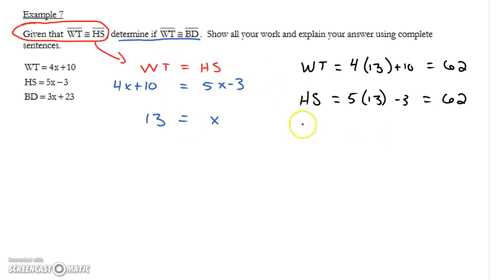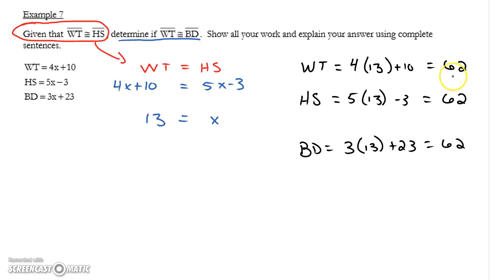The big test is to find segment BD. 3 times 13 plus 23. Well, 3 times 13 plus 23 is 62.